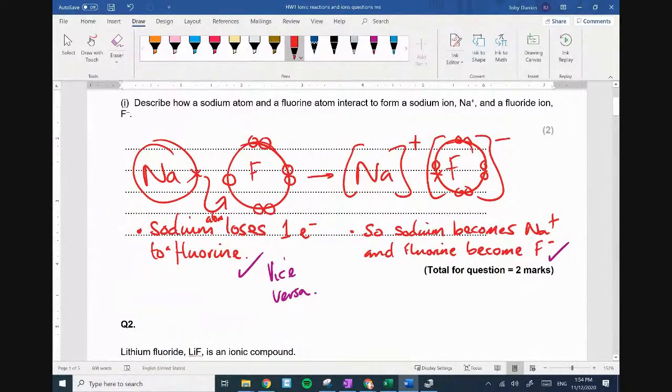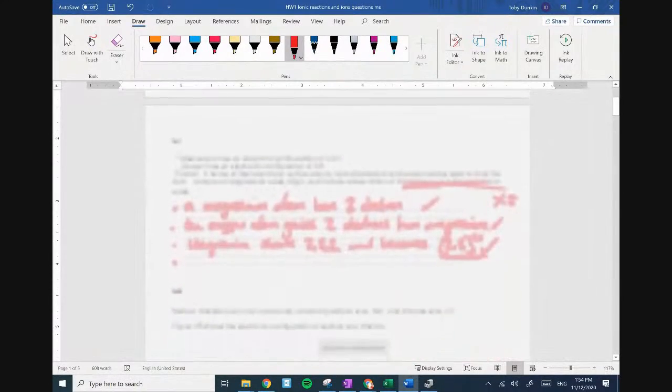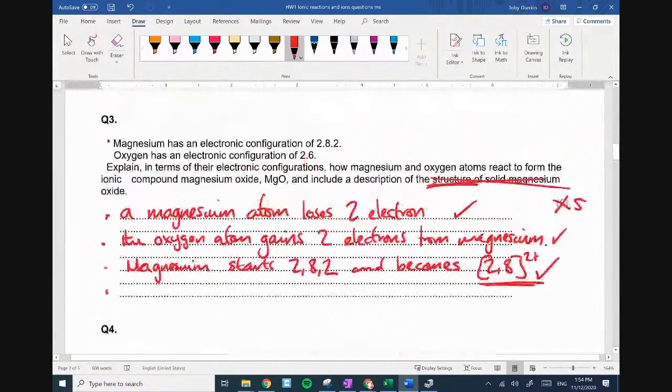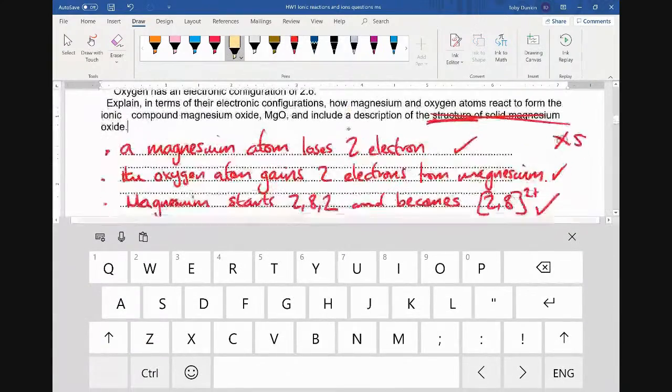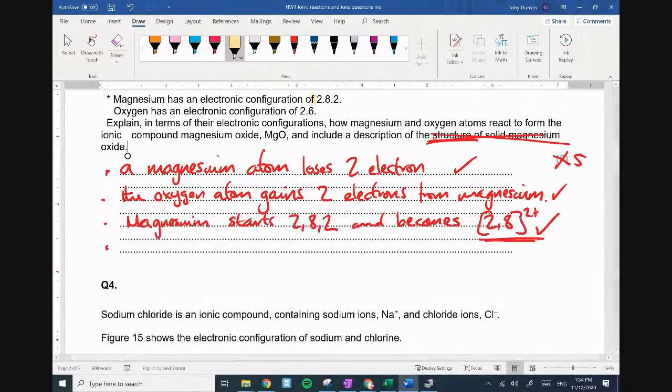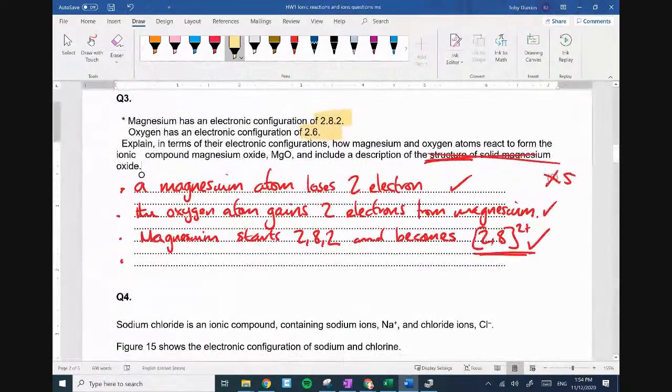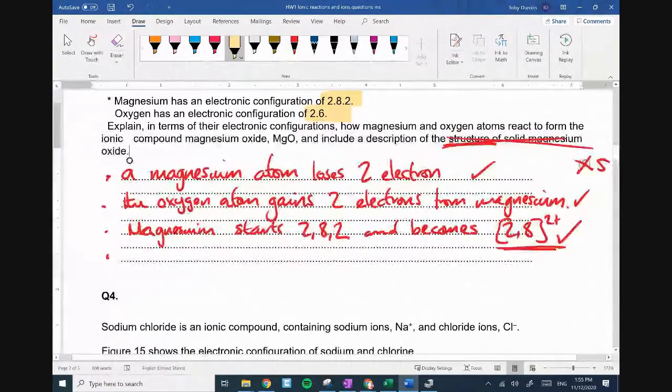You will lose marks because they gave you the numbers. It's a bit mean, because if your diagram is correctly drawn, then it's totally reasonable that you get the 2,8,2. Yes, you can have it, Julius. Definitely.